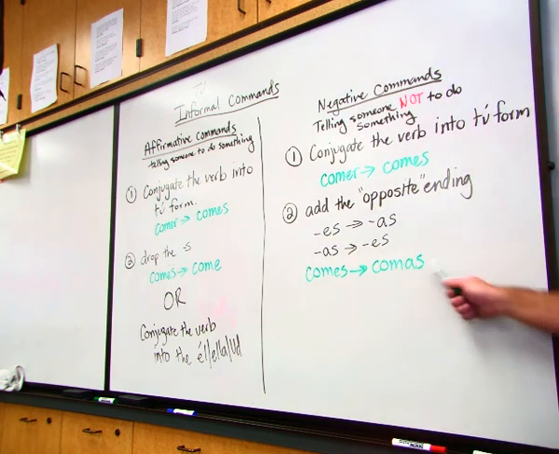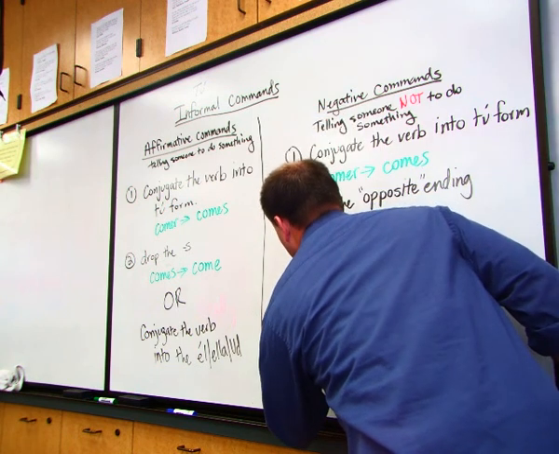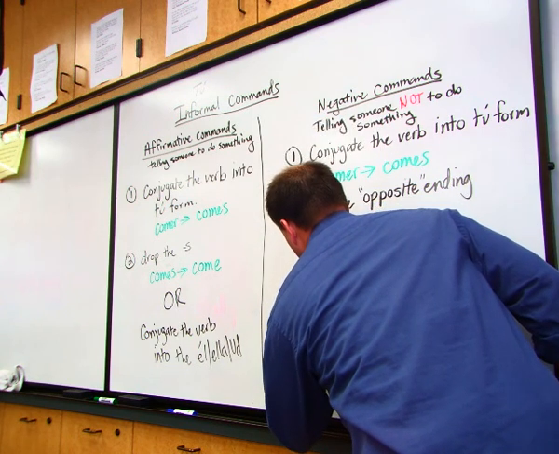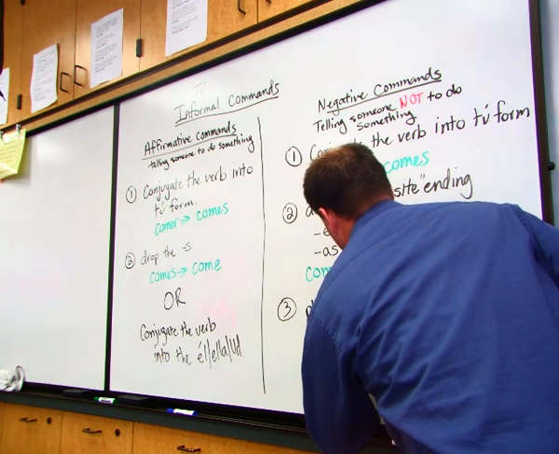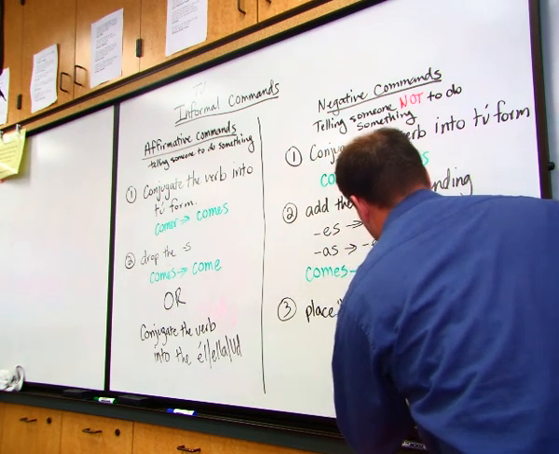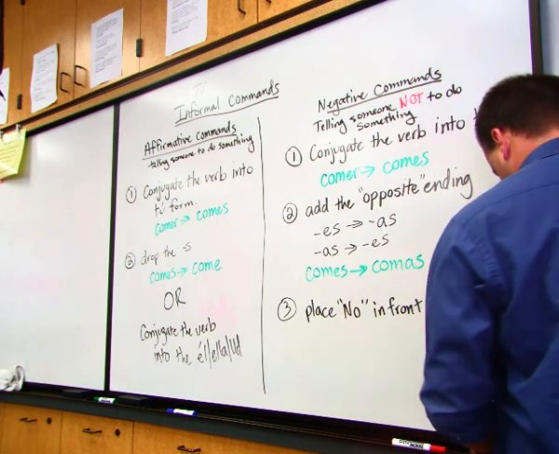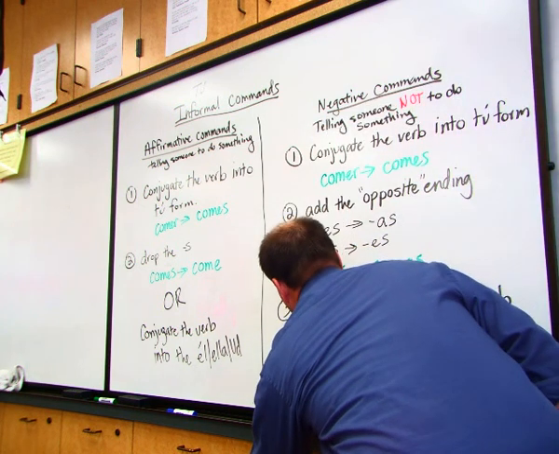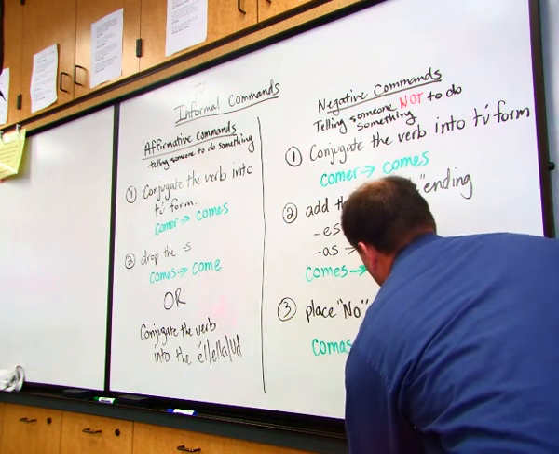Okay. And then our third step, what do you think we're missing? The no. So that's how we make it negative. So then no comas. But how different would it be if you just said no comes?